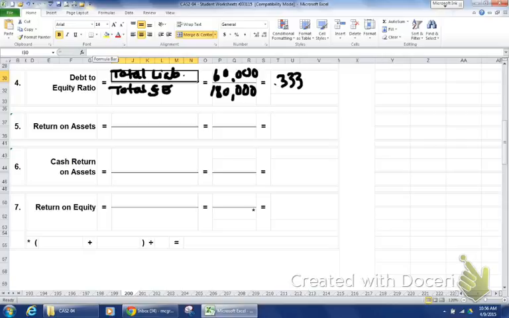Next, let's look at the company's return on assets. The return on assets basically relates the profit margin and the asset turnover ratio.